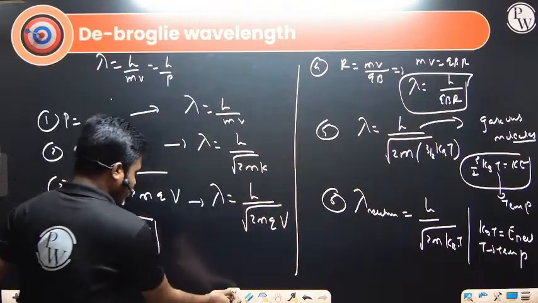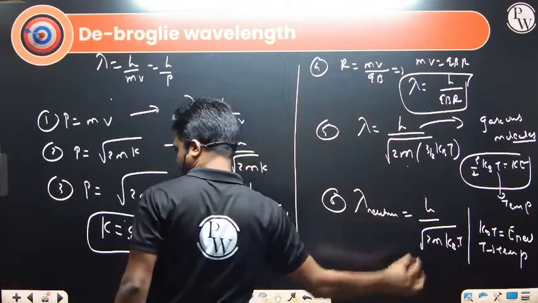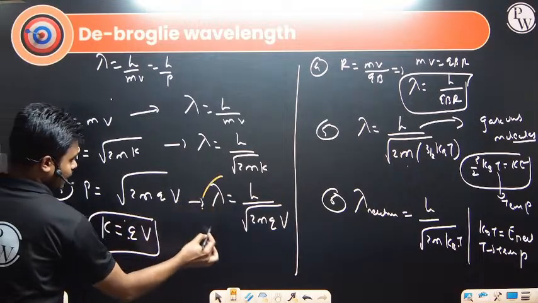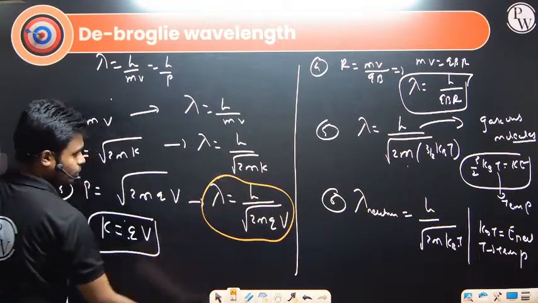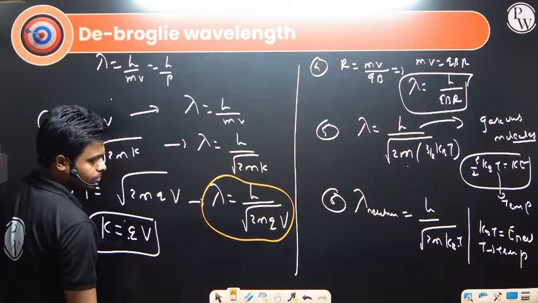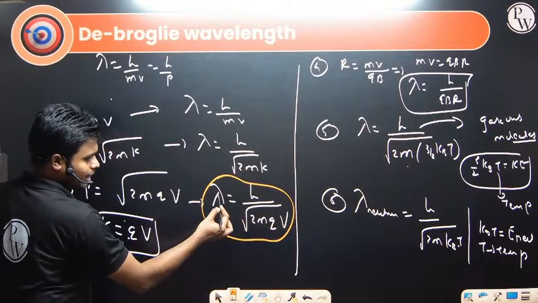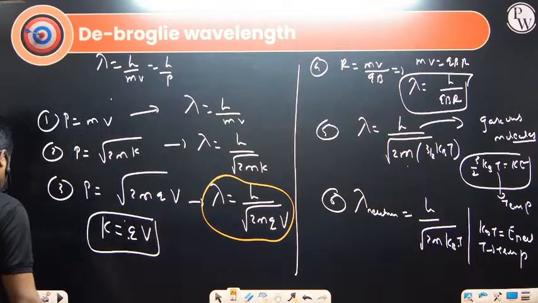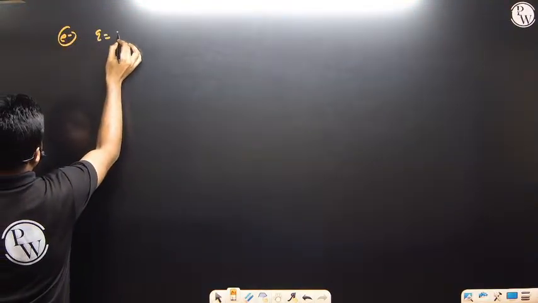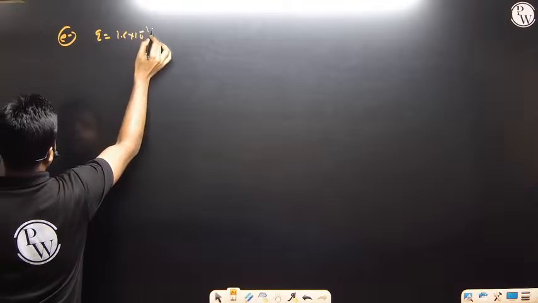Suppose I pick up this particular formula, lambda is equal to h divided by under root 2 m q into v. If any charged particle is accelerated through a potential difference of v volt, then the lambda value is h by under root 2 mqv. For example, for electrons, what is the charge? 1.6 into 10 to the power minus 19.